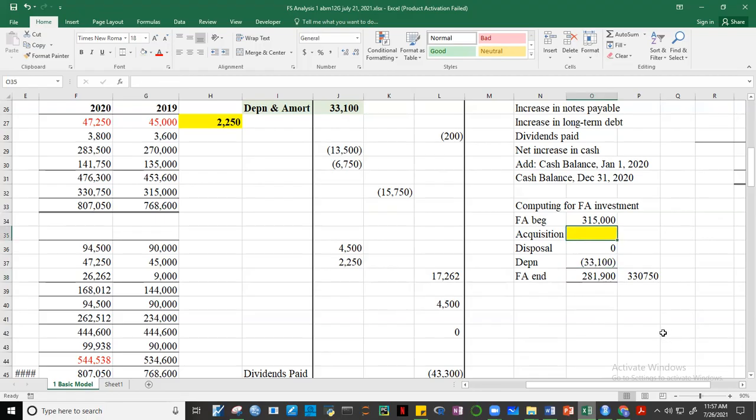So how do we do that? Pwede nating experiment, no? Kung 10,000 to, kulang pa, no? So 20,000 ba? Kulang pa rin. So ano kaya answer nito, guys? What should this one be so that 330,750 yung balance natin? We can do it via algebra, guys. No? Any suggested answer?